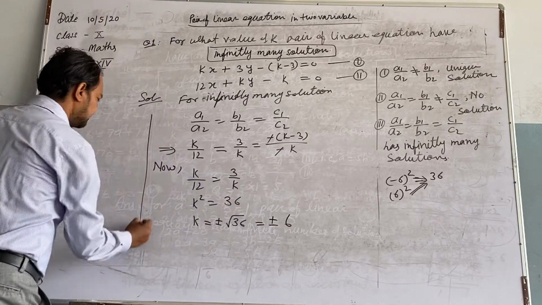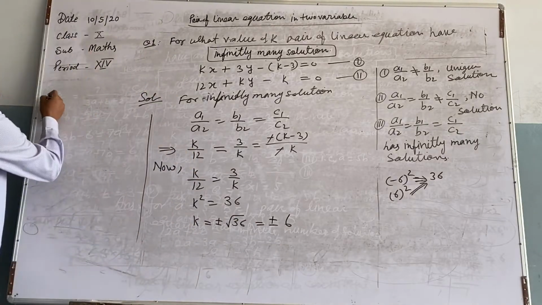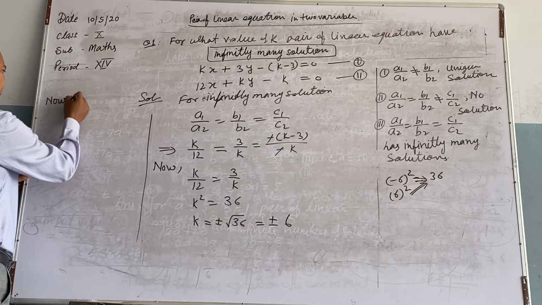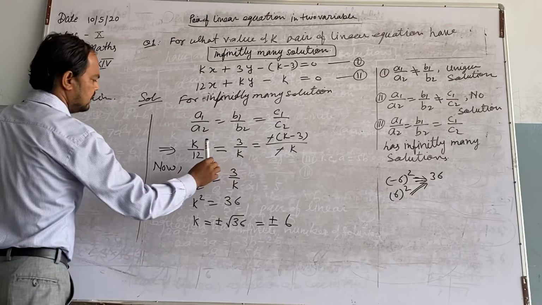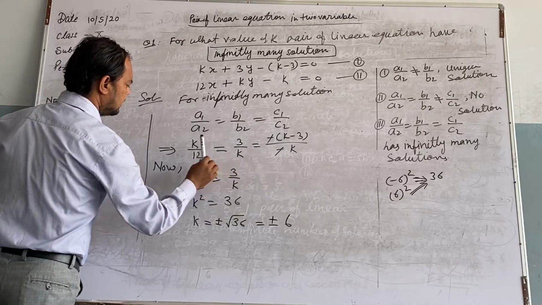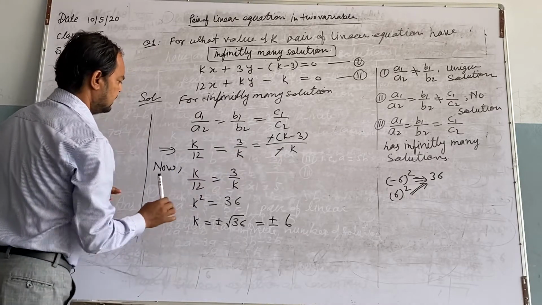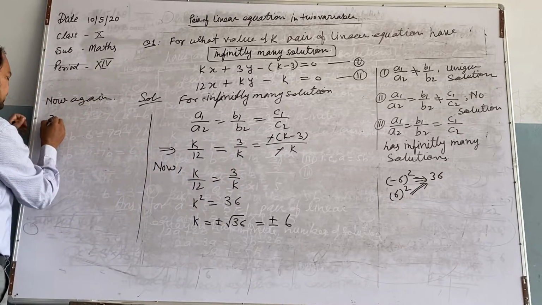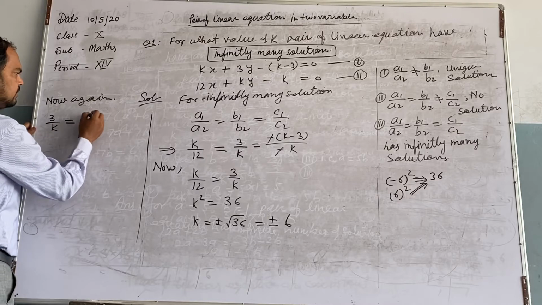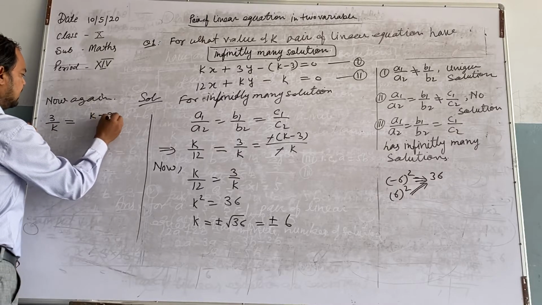Now the second condition is: again take this and this, or you can take this and this. Any one you can take. So use this and this. 3 upon k equal to k minus 3 upon k.